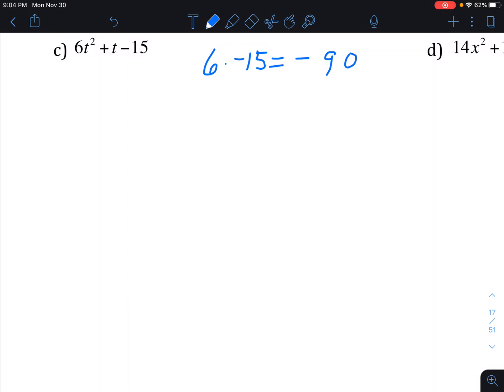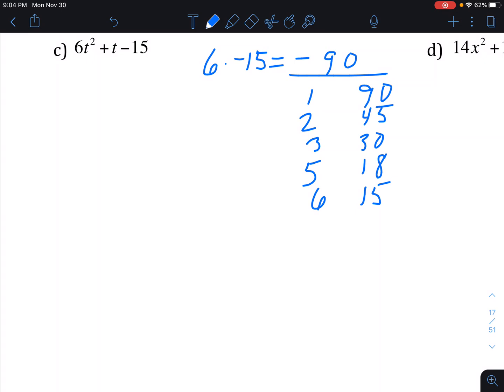You can write them down if you want. 1 and 90, 90 divided by 2 is 45, 90 divided by 3, 30, 90 divided by 4, it doesn't go in 4 times, 90 divided by 5 is 18, 90 divided by 6 is 15, 90 divided by 9 is 10. So you got a lot of factors of 90 here.